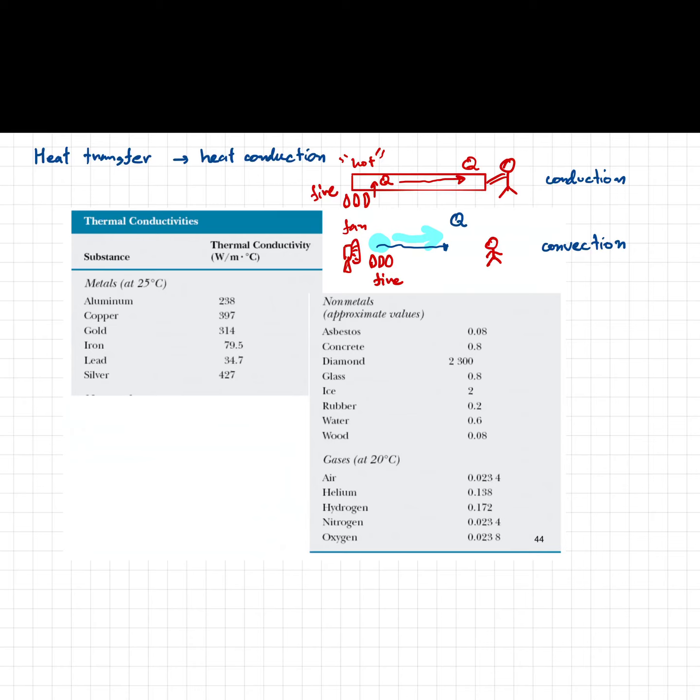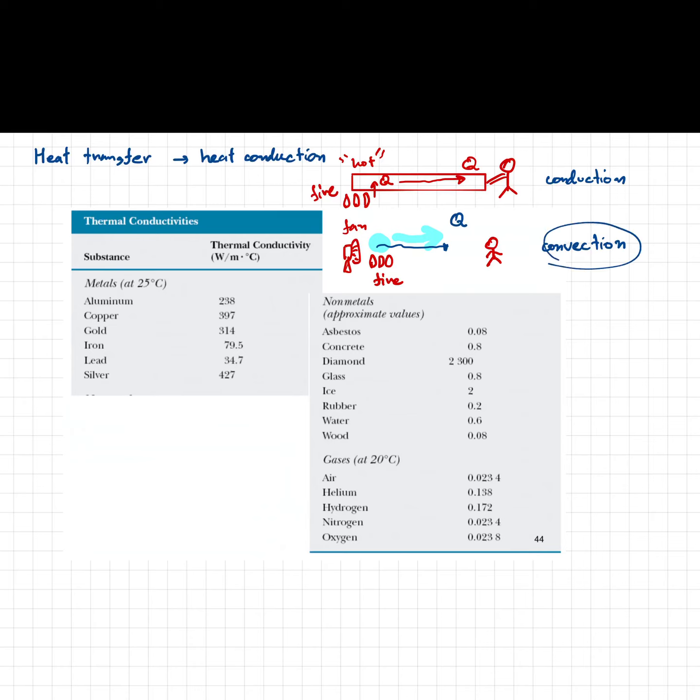Okay, so it's like, you know, an air conditioner where you produce cold air and then you blow cold air to you, so that you feel not as hot. Which is totally different from heat conduction. So heat conduction is when you cook something and then the whole pan becomes hot. So that's the difference.